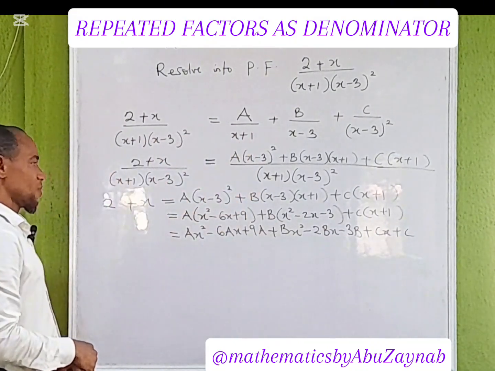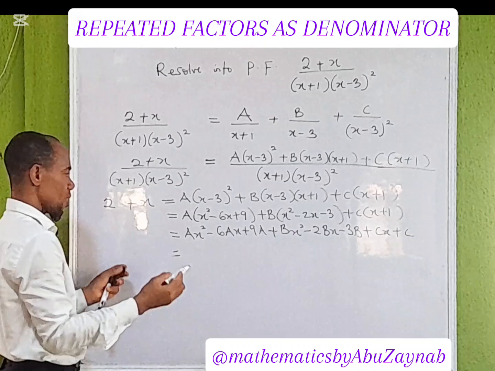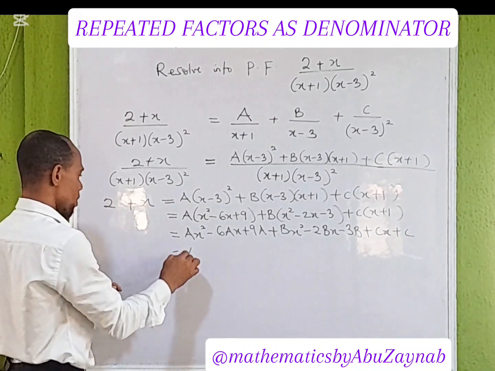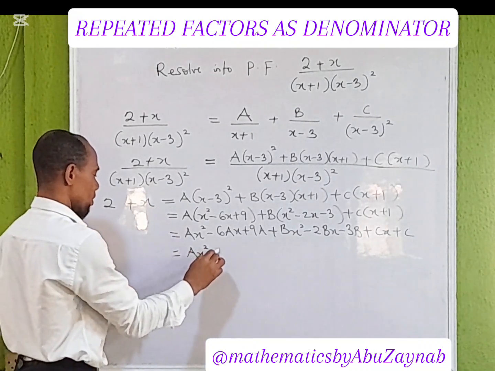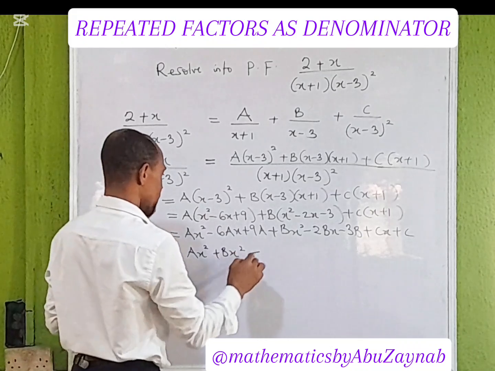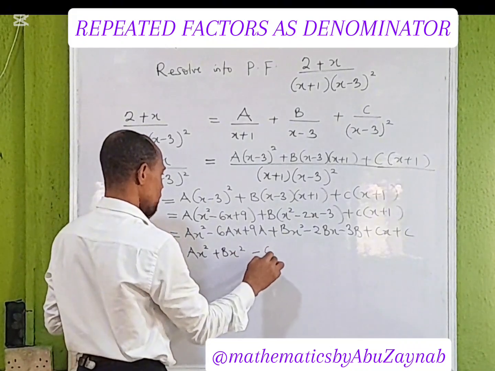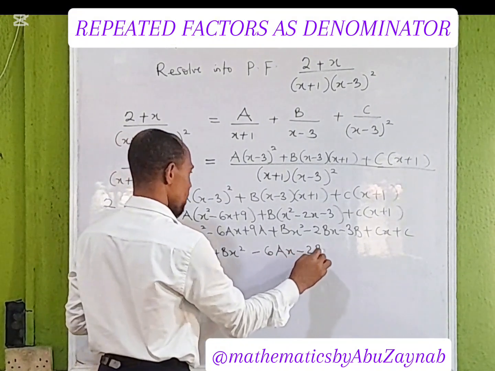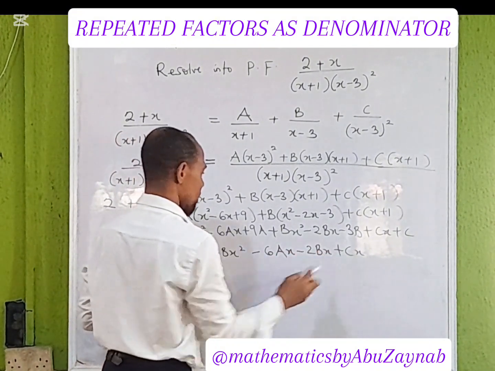So at this juncture, we now collect like terms based on the degrees. So we have Ax² plus Bx², then minus 6Ax minus 2Bx plus Cx, the x's.